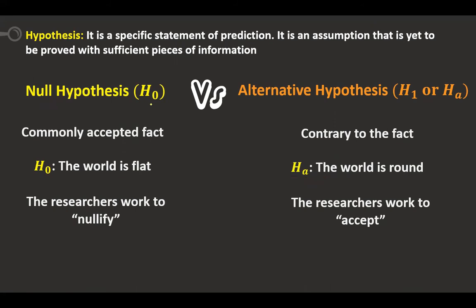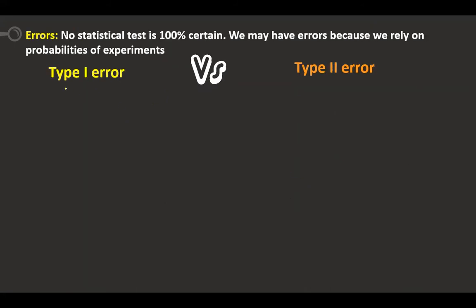Okay, so now we'll move on to the next one. What is it now? See, whenever the researcher is doing the research here, he may experience two types of error here. Okay, this is very important here. So see, no statistical test is 100% certain. Okay, sometimes we make mistakes here. Now those mistakes we'll call errors.